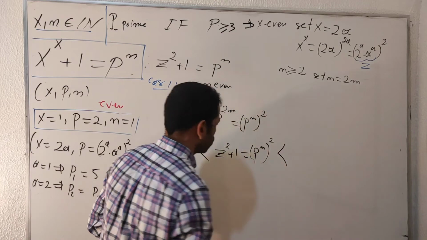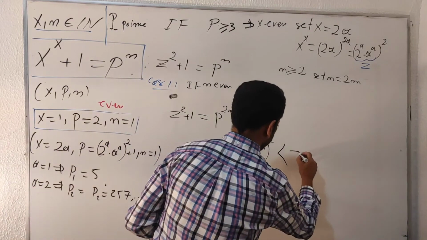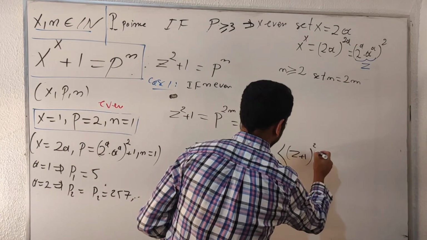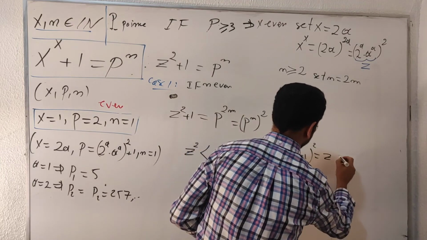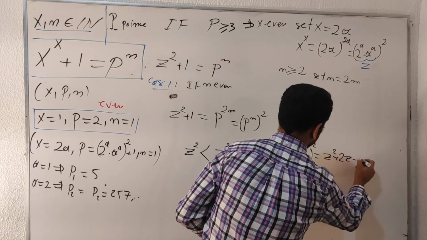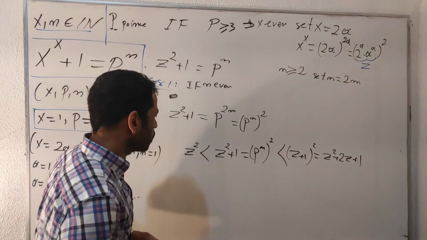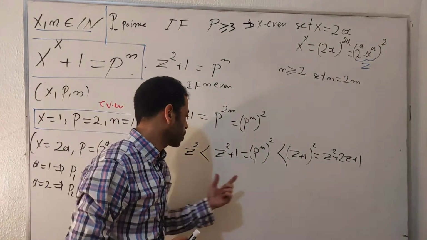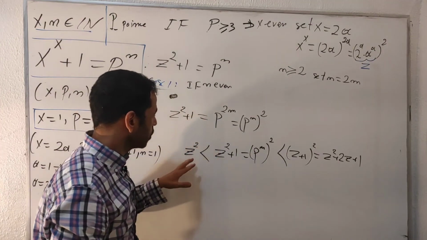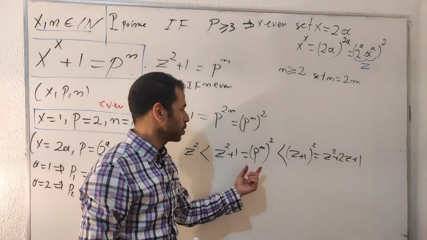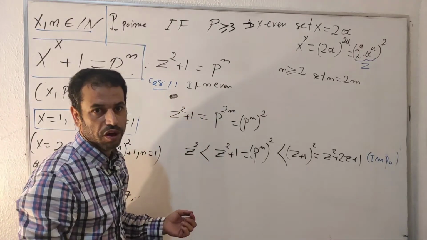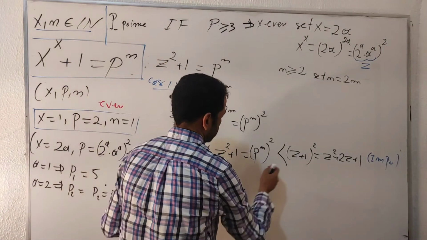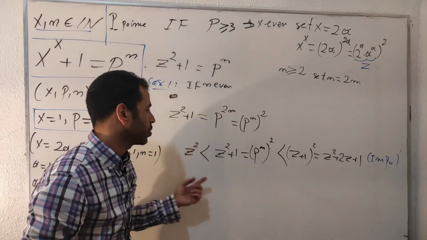This one is also strictly less than (z plus 1) squared. If I distribute this one, it is z squared plus 2z plus 1. So what do we get here? We get a perfect square between two consecutive squares, which is impossible.